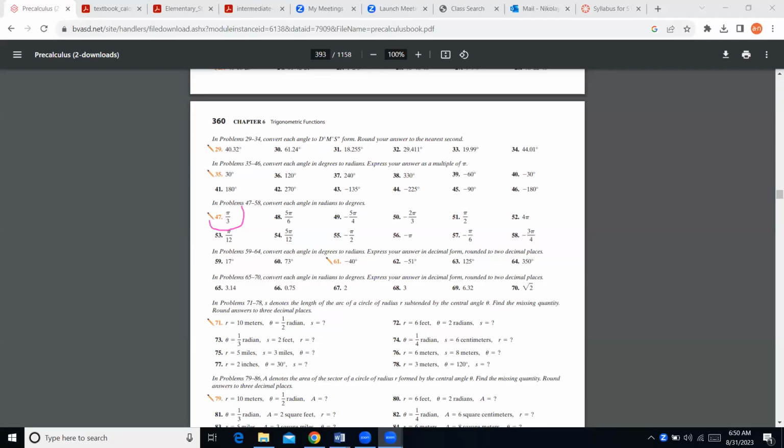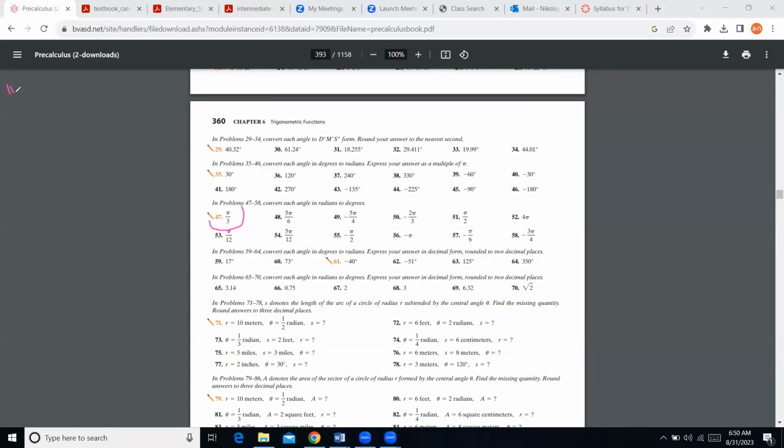That says convert from radians to degrees. So I guess this type of angle we should be familiar with. Good morning.